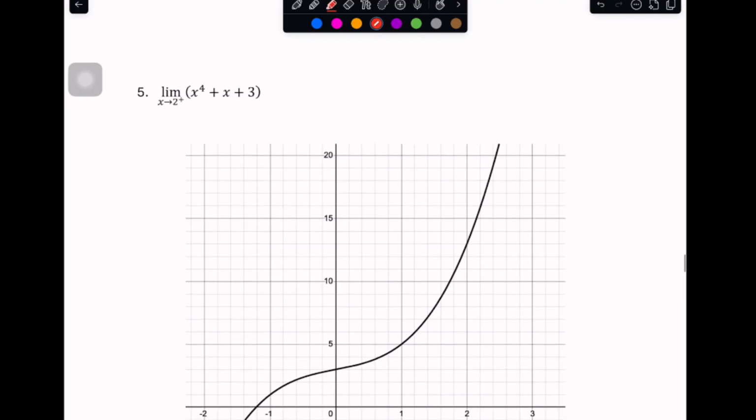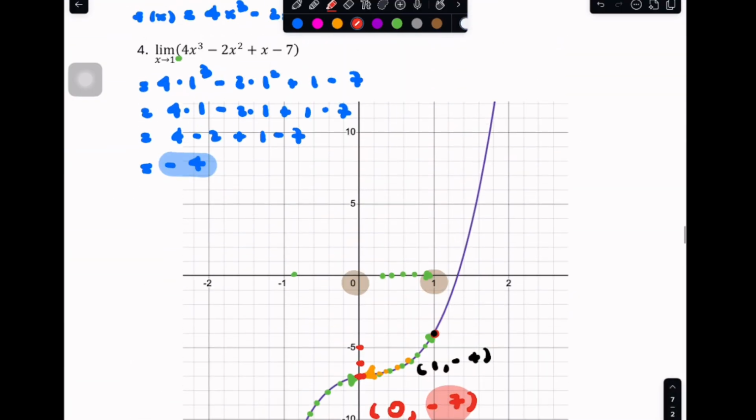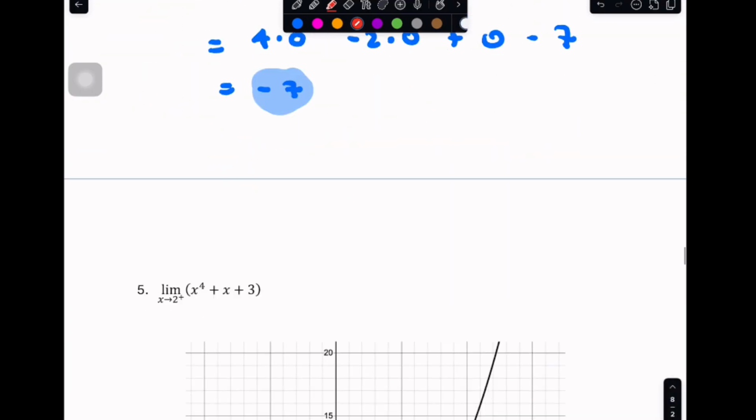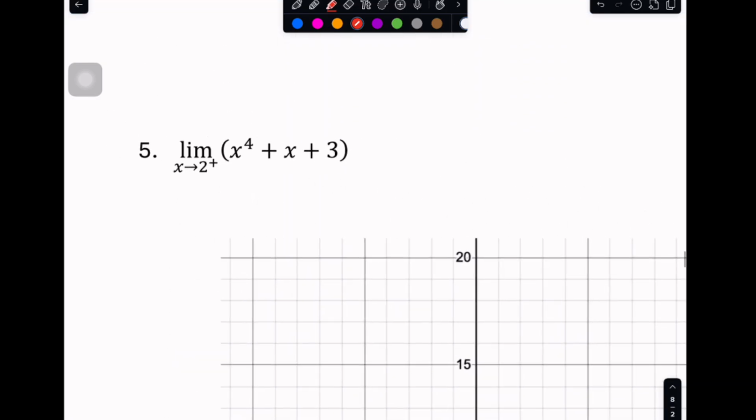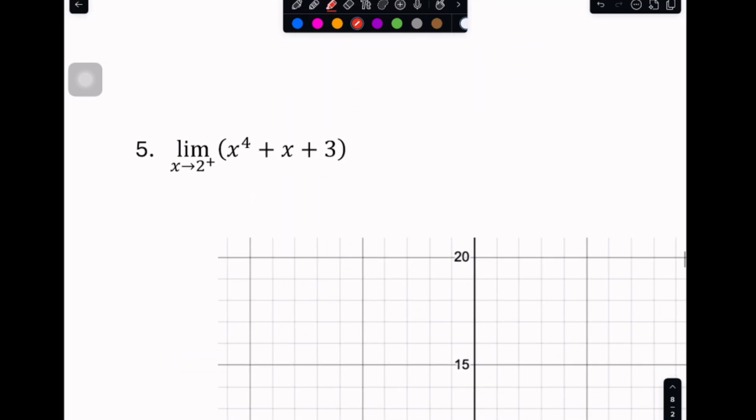Take a look at this one. I gave you, I think, a very similar curve. It's different. But what did you guys learn today? What's the point? These are polynomial functions, and they're the easiest, most beautiful functions you can work with. They're continuous everywhere. Just use function evaluation to evaluate a limit.